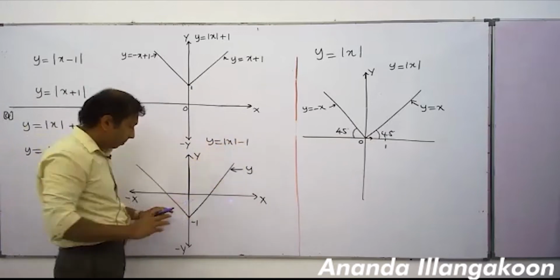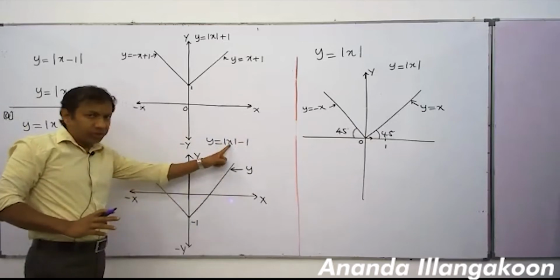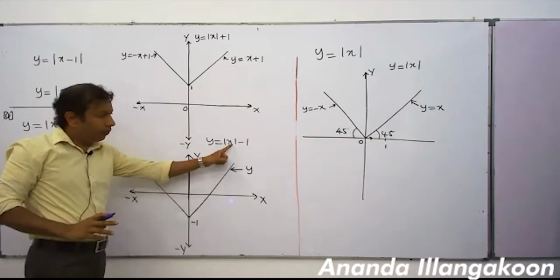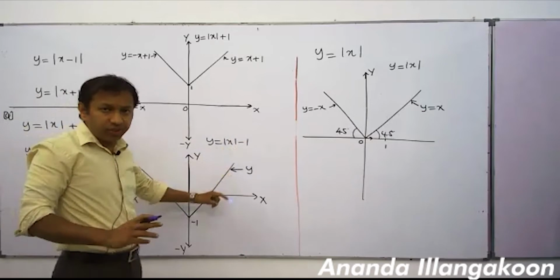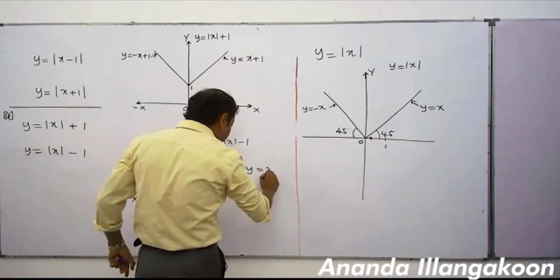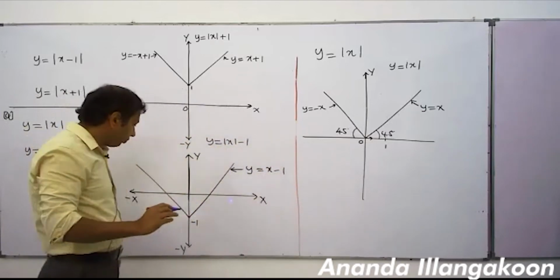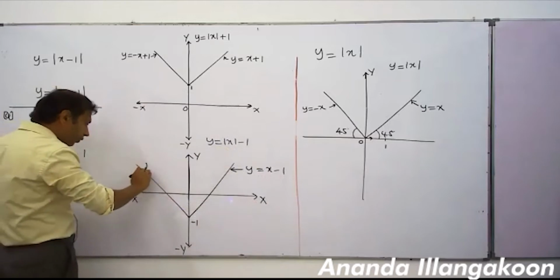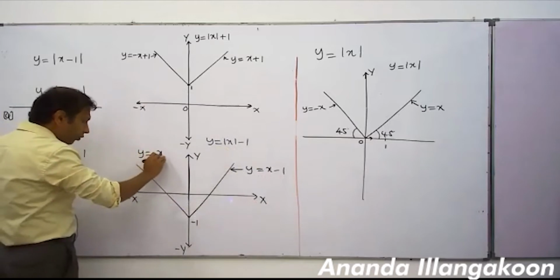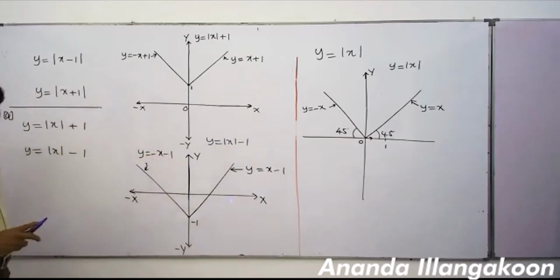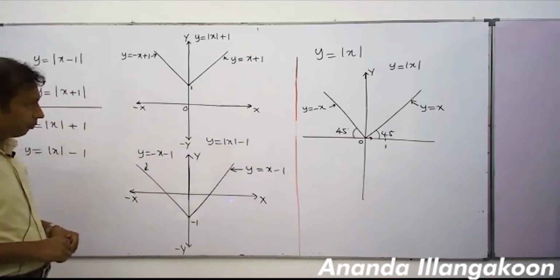On the right of 0, mod x is x. 1 is subtracted. So therefore, this equation is y equals x minus 1. This equation is y equals minus x minus 1. That's how we take that.